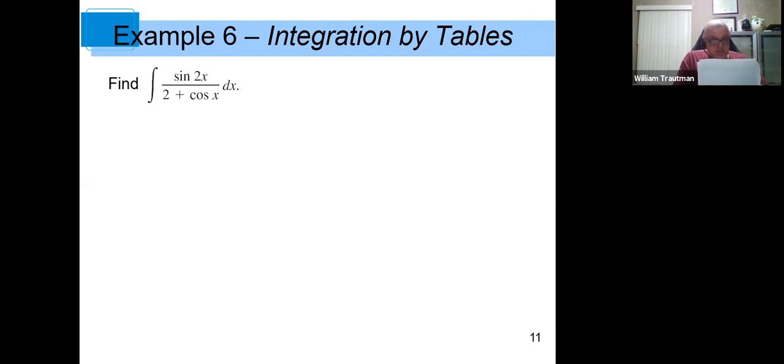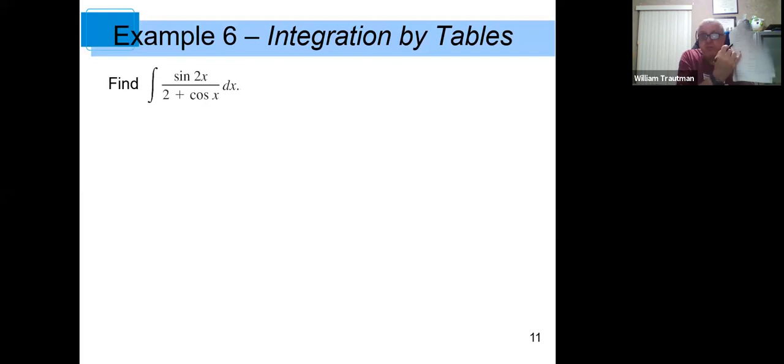See if you can find anything on your integration sheet that matches that. I'm looking, and I don't see it. If you notice, the ones that say sine u and cosine u start on formula 46 and go through 57.